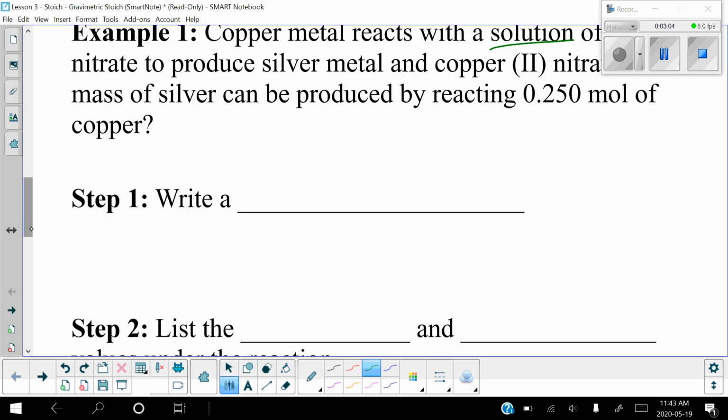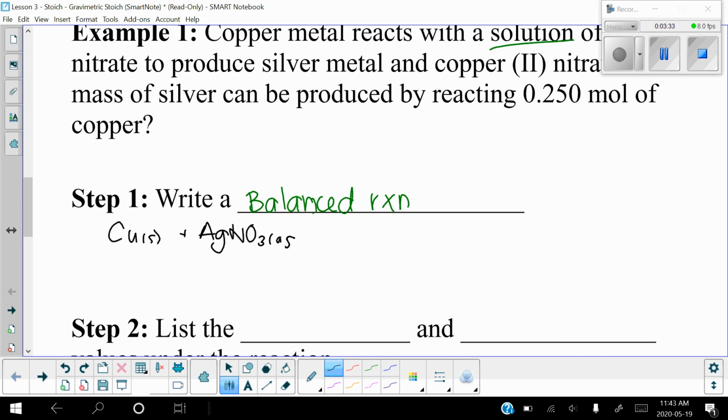Great. So, first thing that we do in all chemistry problems so far is we write a balanced reaction. Okay, so we've got copper metal, it's going to be solid, plus silver nitrate, which I checked on page 6.